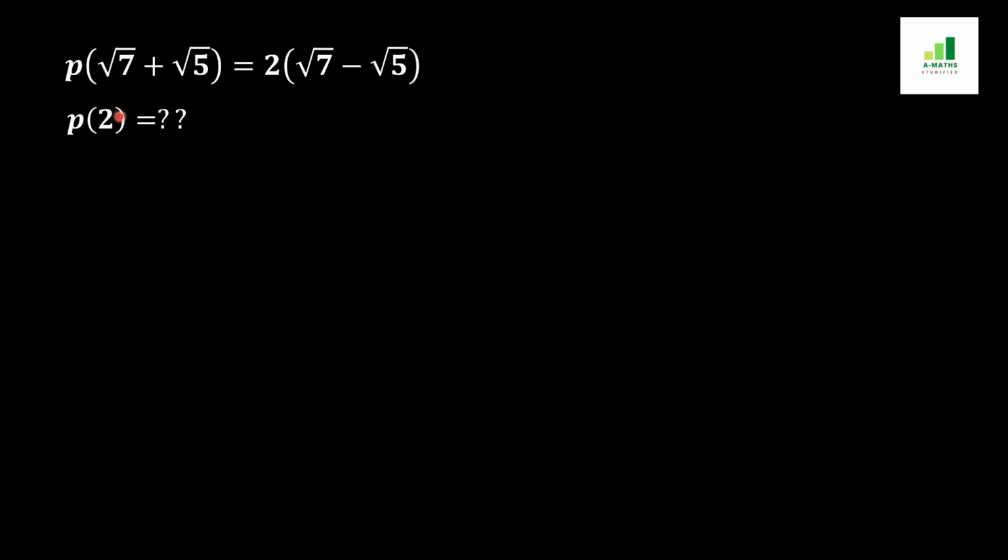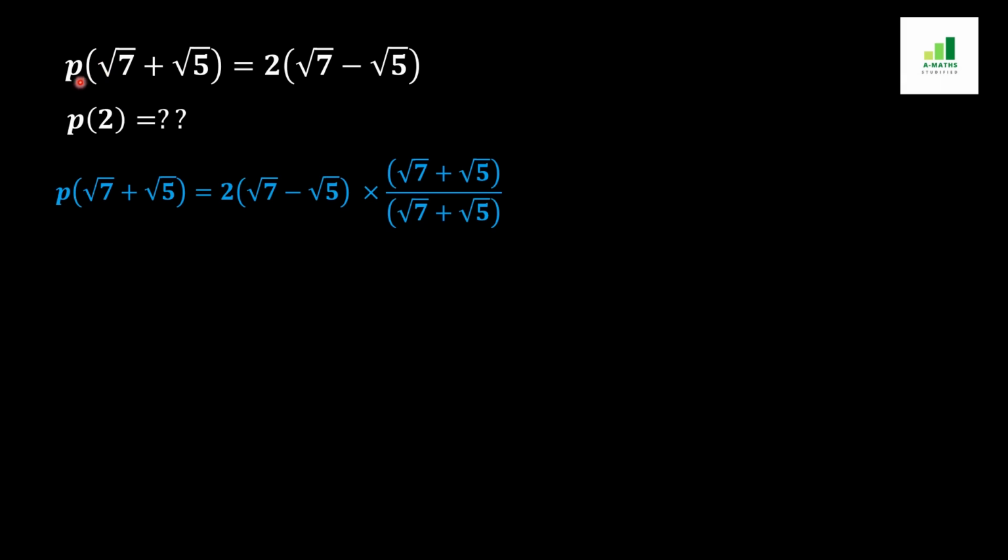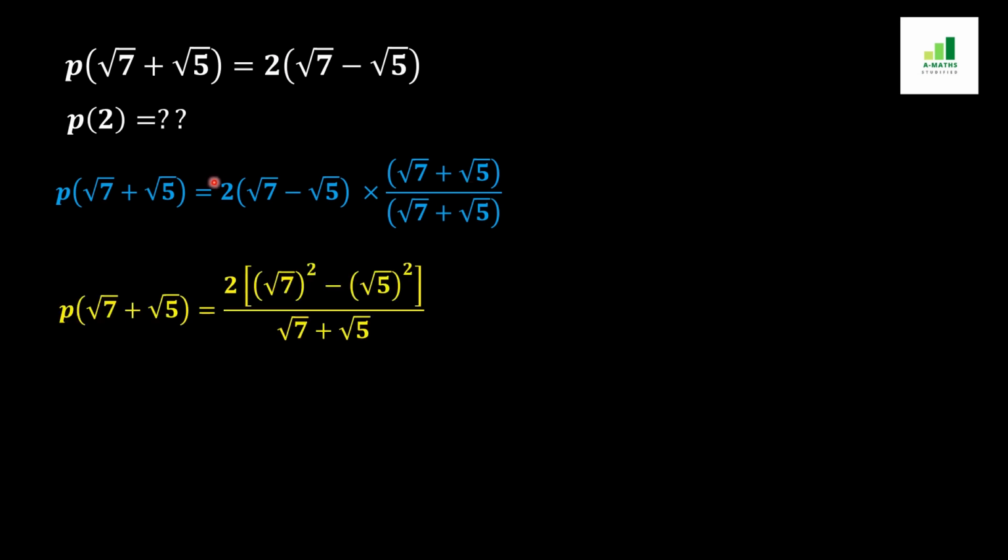In order to solve this question, in the first step we should take the given equation and multiply and divide the right side of the equation by under root 7 plus under root 5, and as a result 2 will remain the same. We will apply the a square minus b square formula on this expression, because we can see that both of these values are the same but differ in sign.